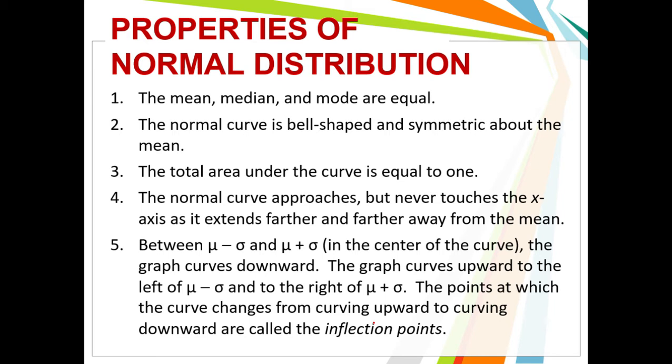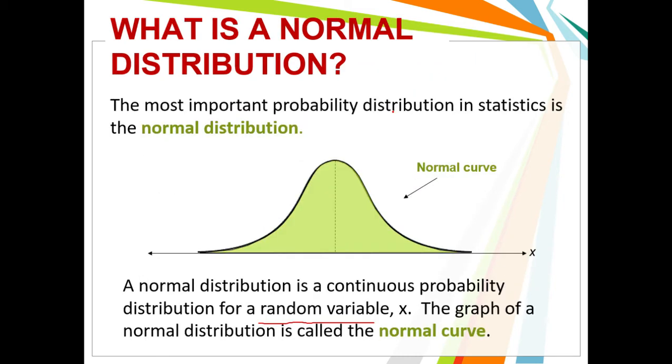Okay, so ano ang properties ng ating normal distribution? Number one, the mean, median, and mode are equal. In real sense, that is quite impossible. However, pwede namang sabihin na more or less, magkakapareho or equal yung ating mean, median, mode. So, if we put that in a curve, yung ating mean, median, mode is found on the line of symmetry.